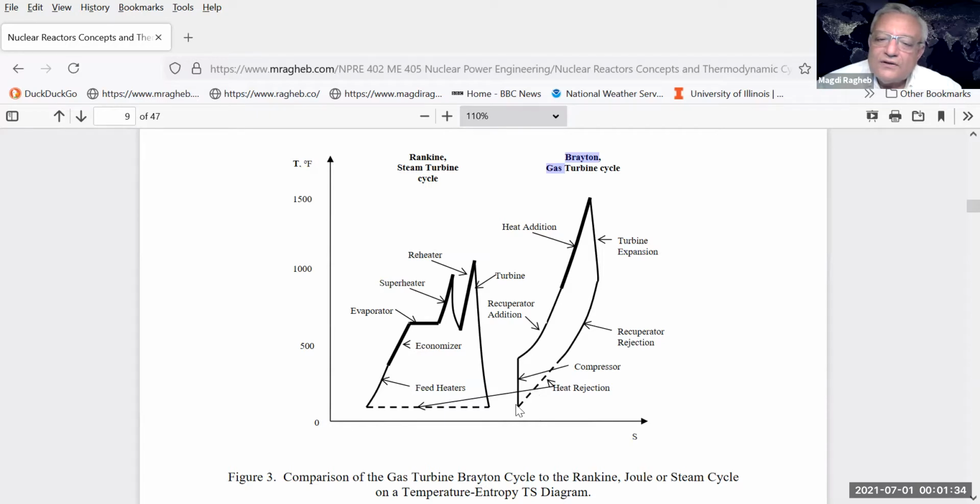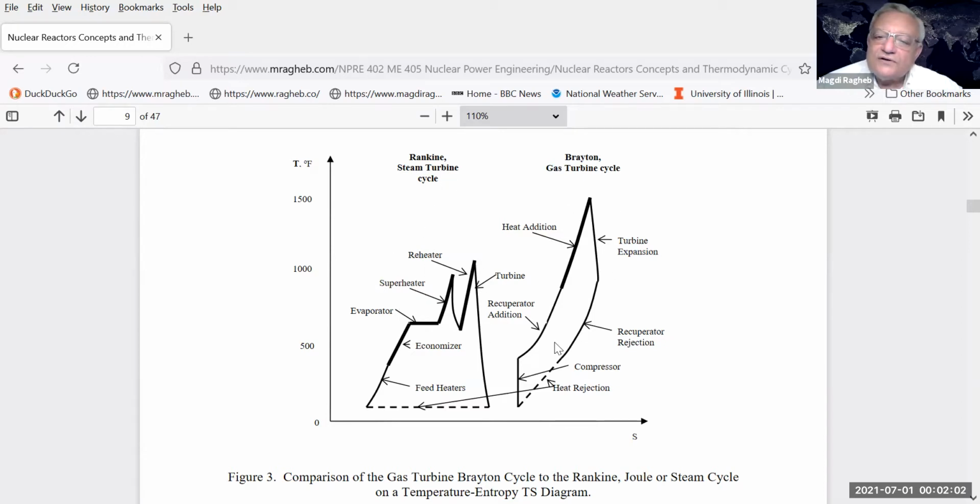But here, before you start heating the gas, you have to send it through a compressor, and then you add the heat inside the reactor, and you can add even more heat in that. First you add the heat from the recuperator as much as you can, and then you heat it inside the reactor. So in fact, today what we are using is primarily the Rankine or the steam turbine cycle.